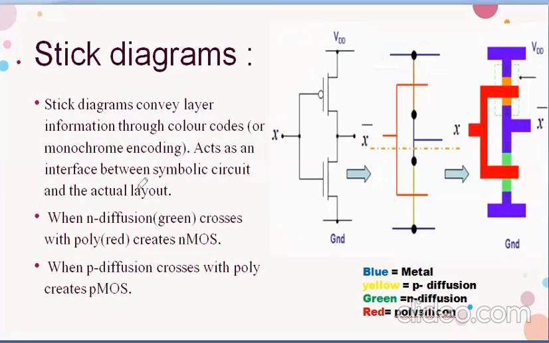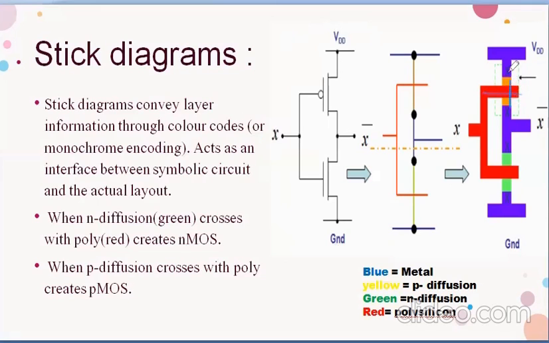Now when the N diffusion layer crosses the red polysilicon layer, it will create my NMOS. When the P diffusion layer crosses the polysilicon layer, then a PMOS will be created, like we have shown here. This is my polysilicon layer.